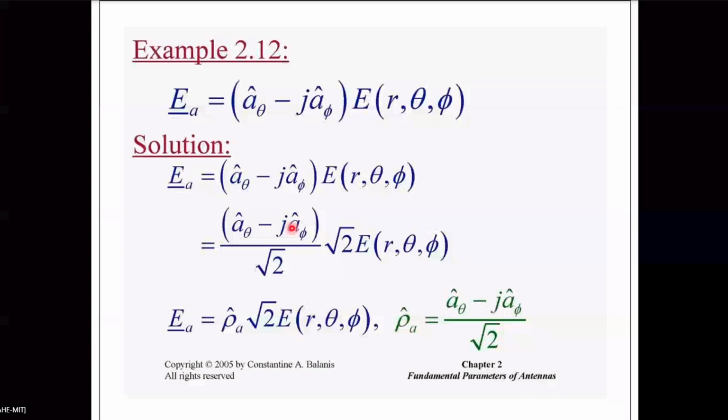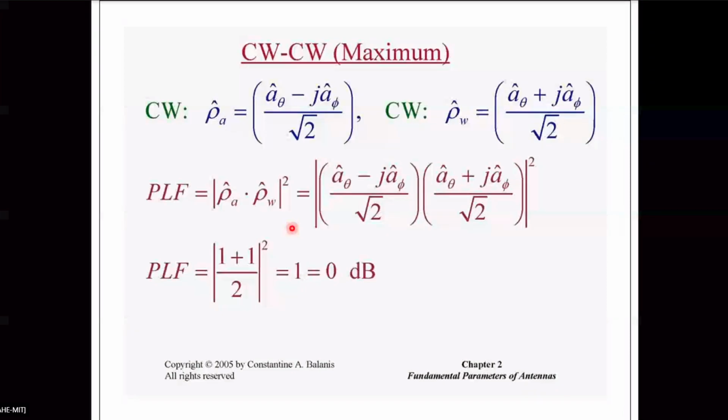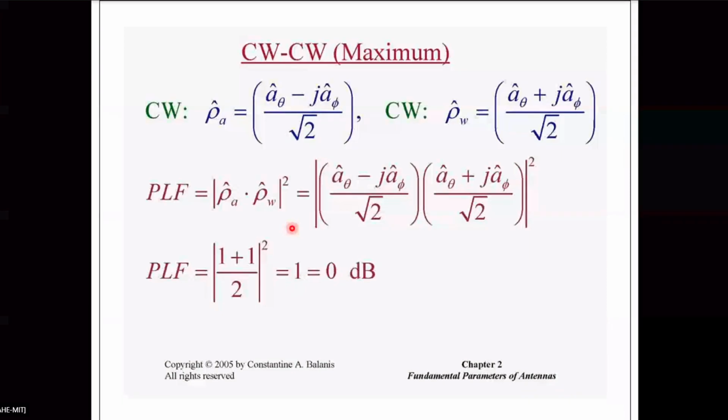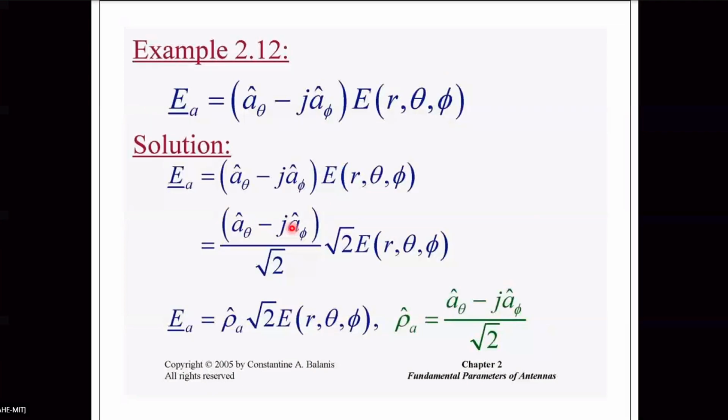I think in the textbook he has mentioned what EW is, and accordingly he has taken EW as a theta plus j phi under root. So in the textbook he might have given rho W hat. This is an example problem of the textbook, example 2.12. If you have the textbook, you can open and see.